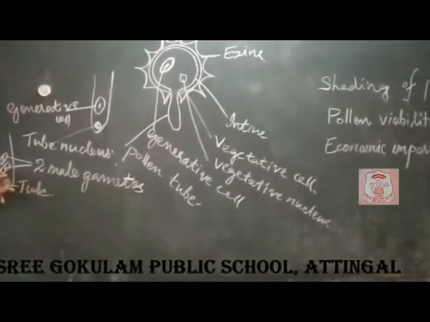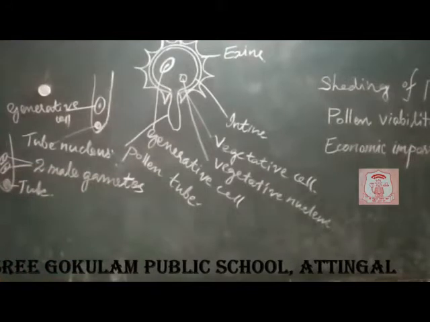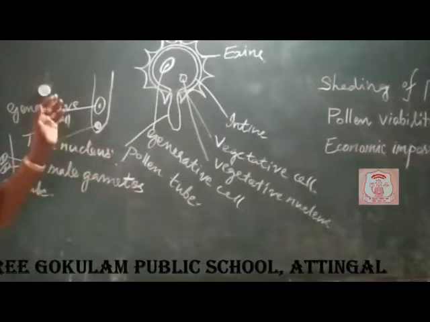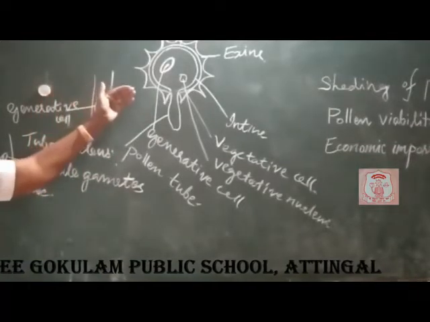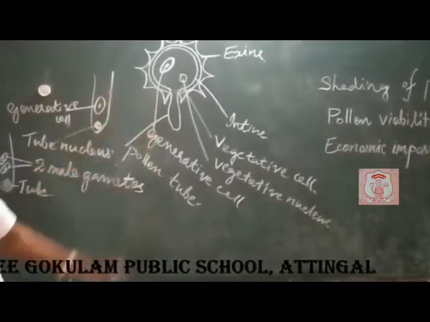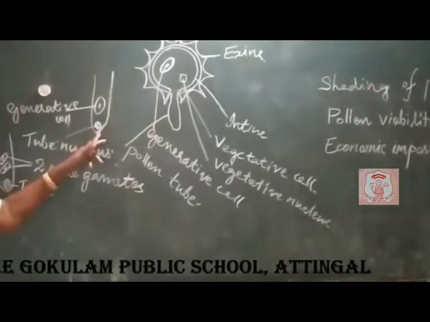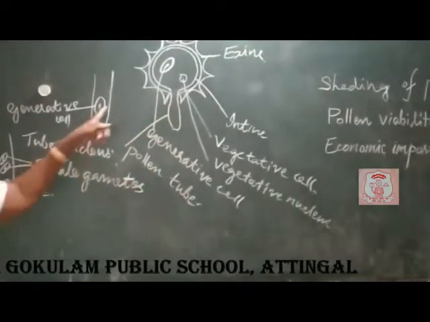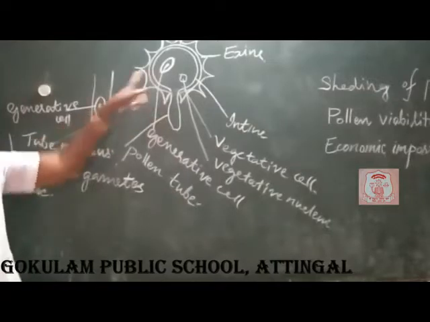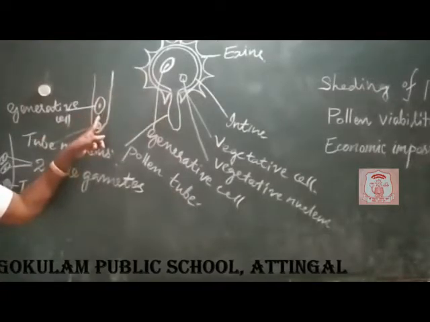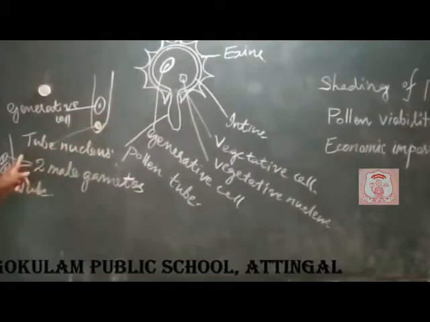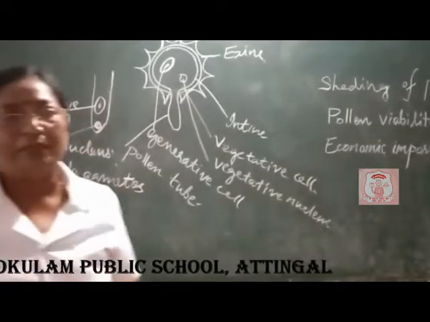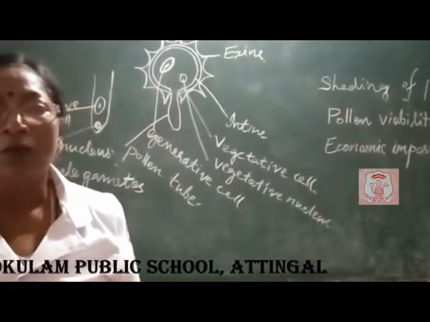Thus we can see from a single pollen grain, two male gametes are produced.